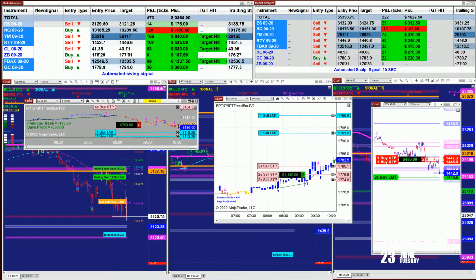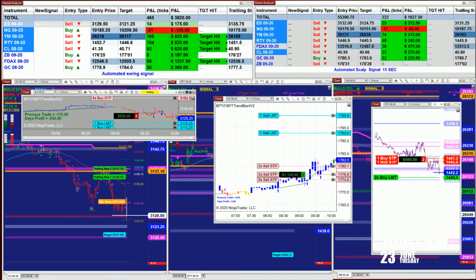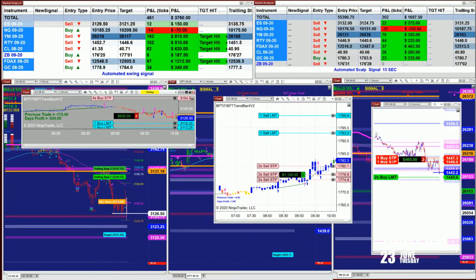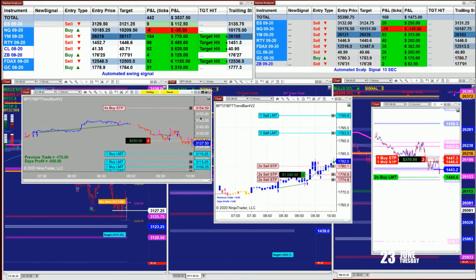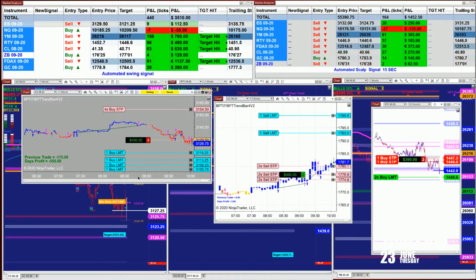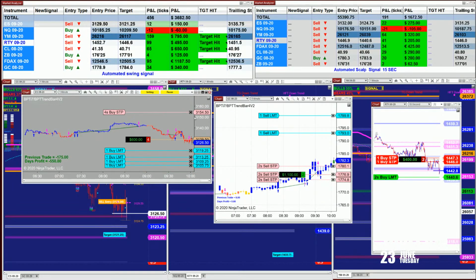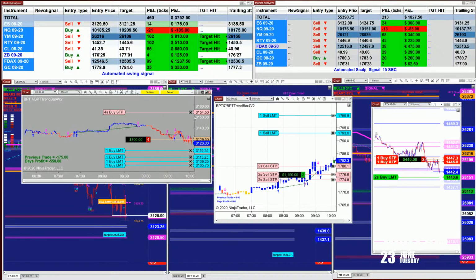This is the number 10 template. We released it yesterday. It is an upgraded version of number 10, and we gave it to you yesterday and sent it out to the traders. And this one is doing an extremely good job.